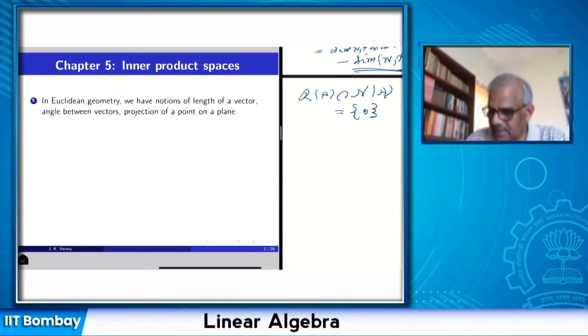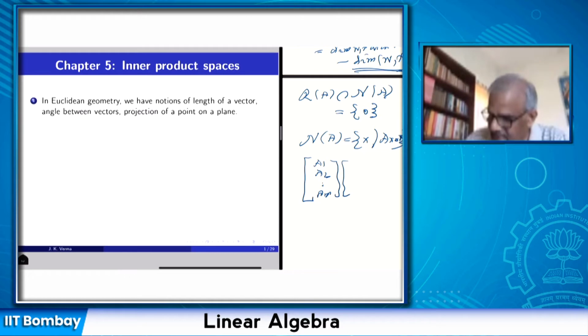The null space of A is the collection of all vectors x so that Ax equals 0. But Ax equals 0 means, if I write the row vectors of A, there are m row vectors of A, and x is a typical vector in the null space, then the product is equal to 0.